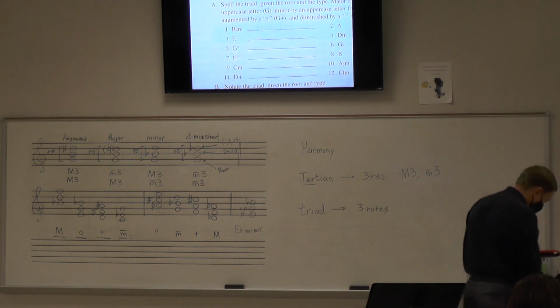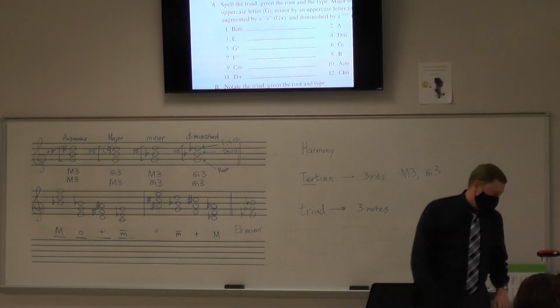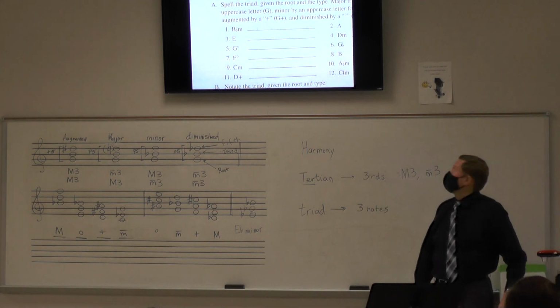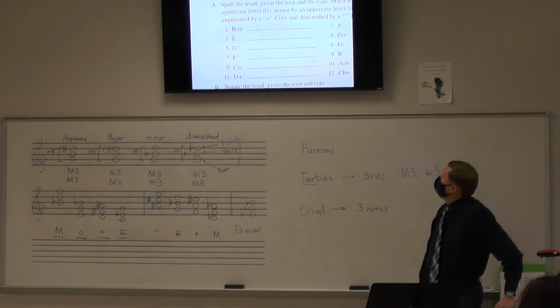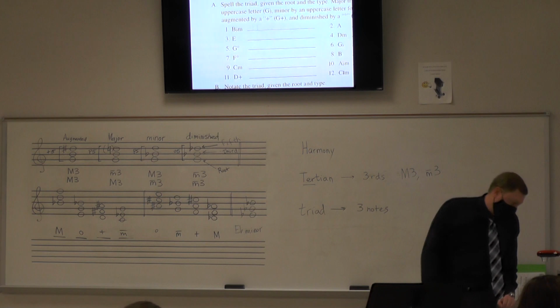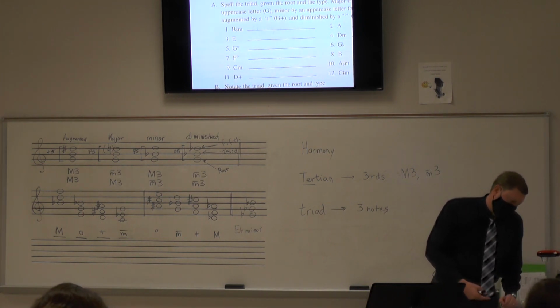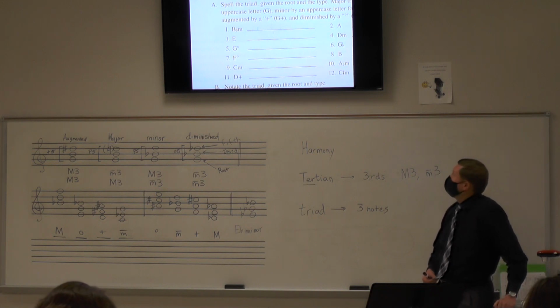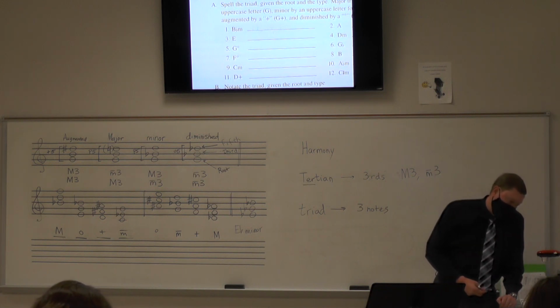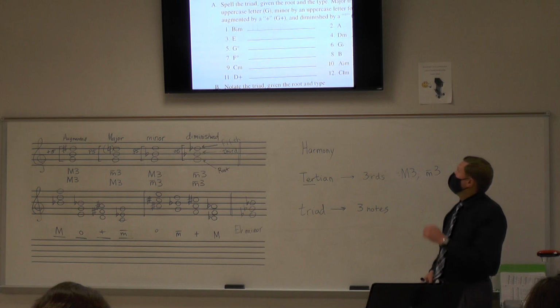It says spell the triad given the root and type. Major triads are indicated by an uppercase letter, minor by an uppercase letter followed by the lowercase m, augmented with an uppercase letter followed by a plus sign, and diminished an uppercase letter followed by a circle.